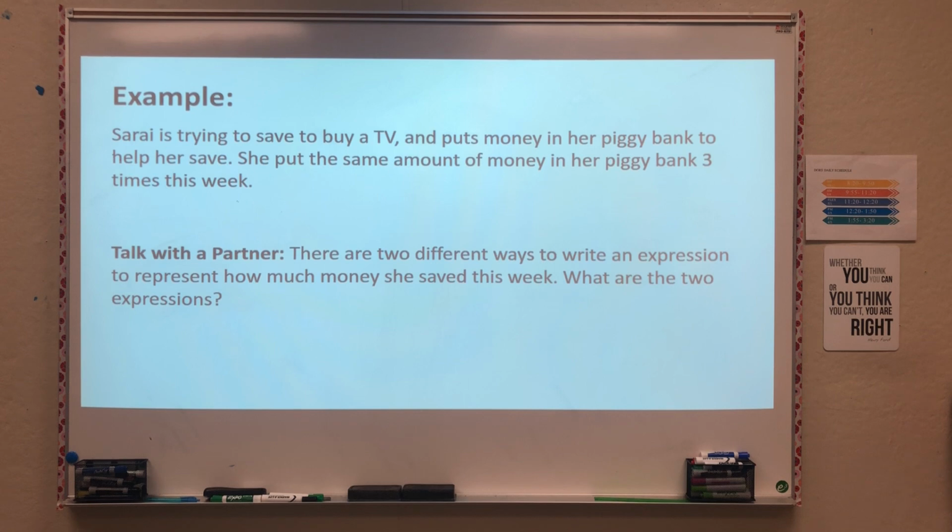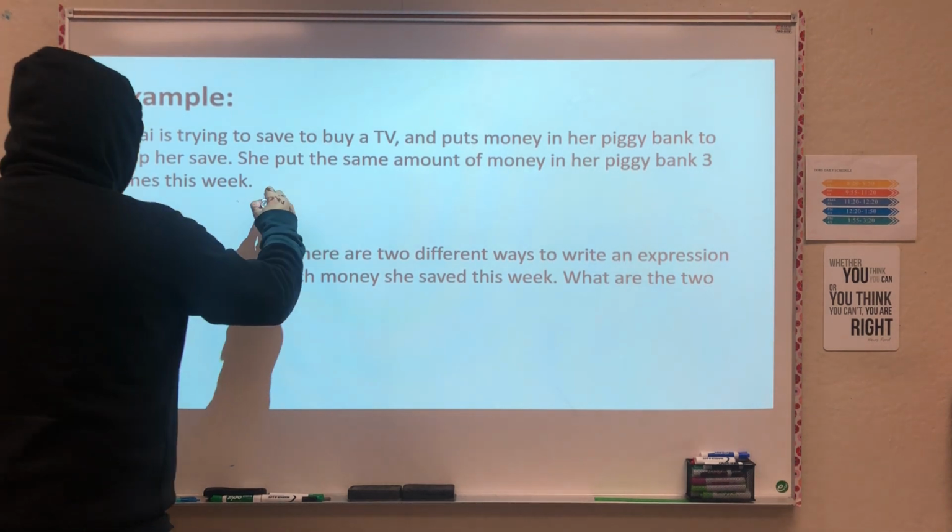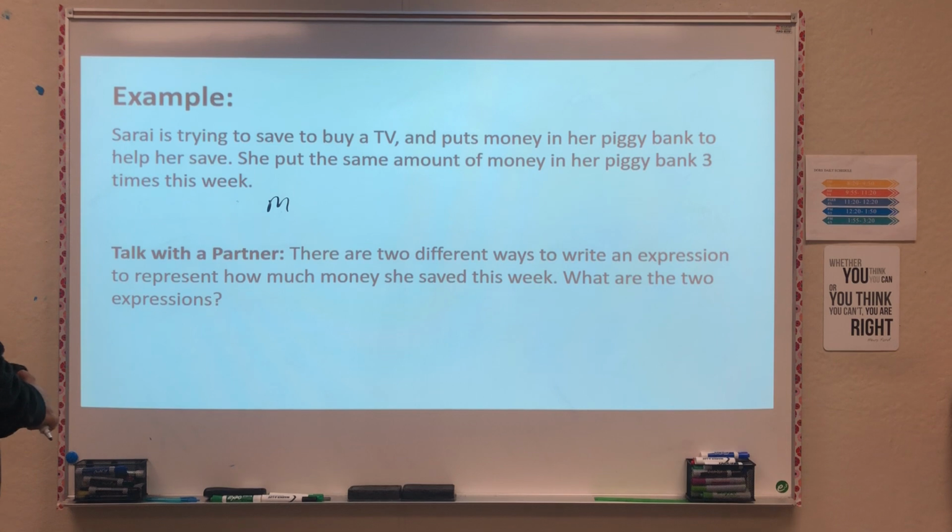So M for money. M for money. Yeah. And piggy bank to help her savings. She put the same amount of money in her piggy bank 3 times this week.